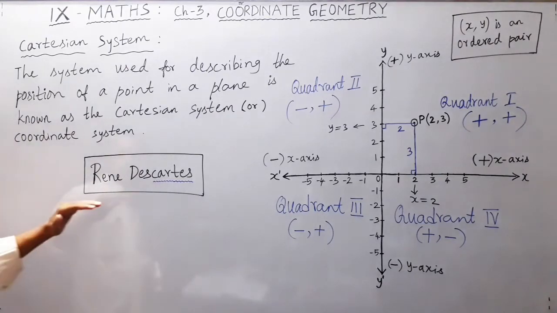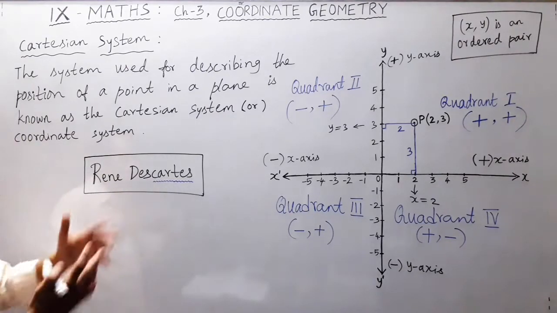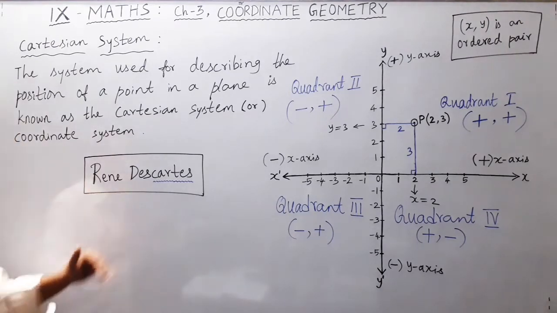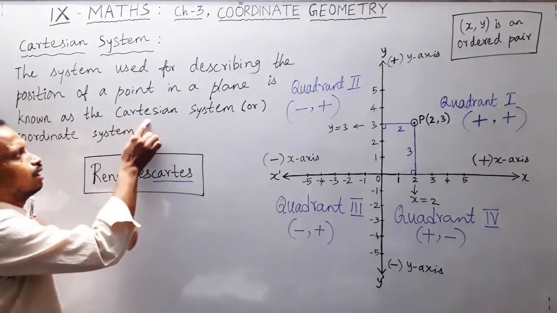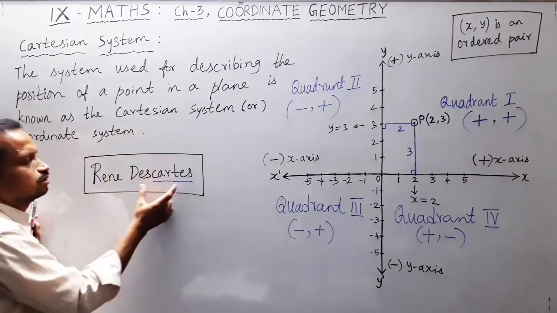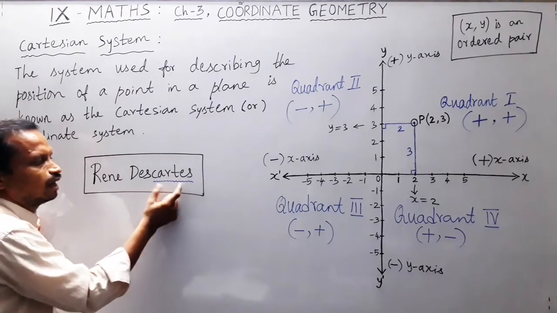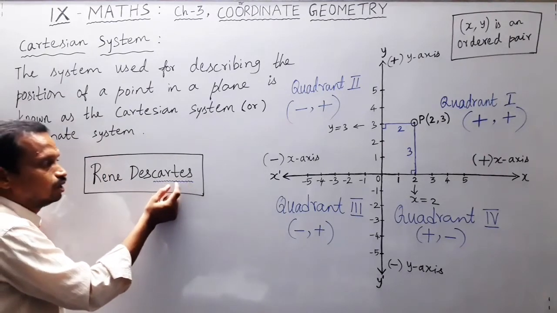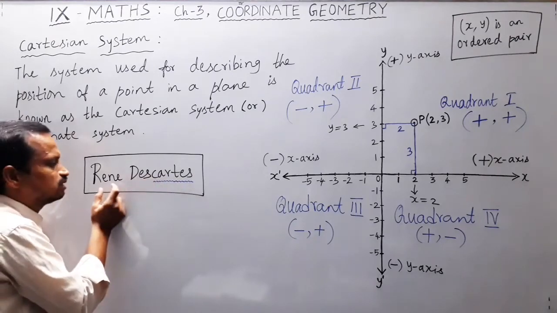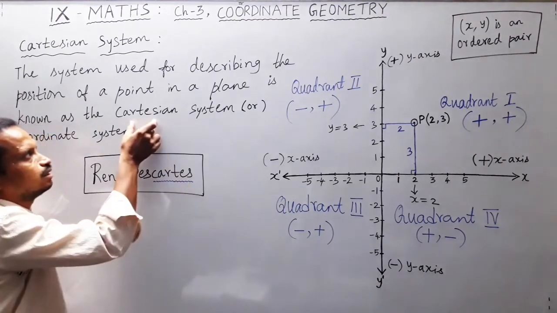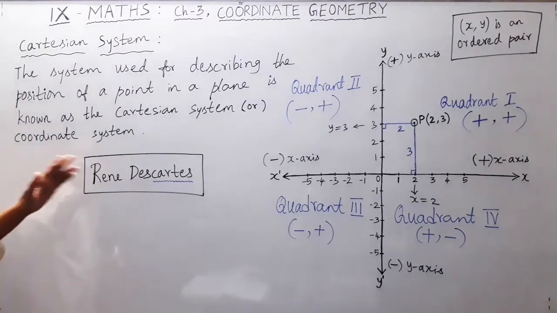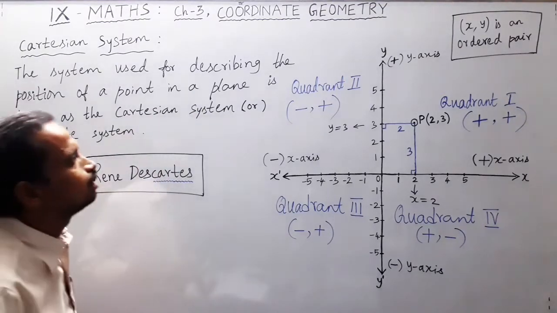He developed this concept of coordinate geometry. In honor of his name, you see C-A-R-T-E-S, I have underlined those letters, Cartes. In the name you should read René Descartes, but here it should be pronounced as Cartesian system, or coordinate system.